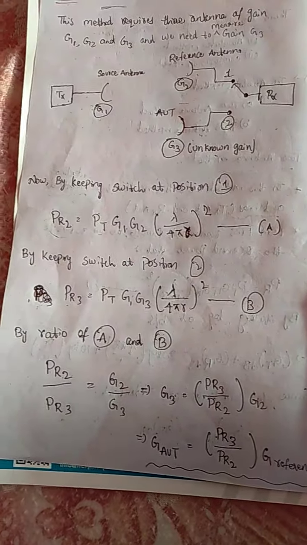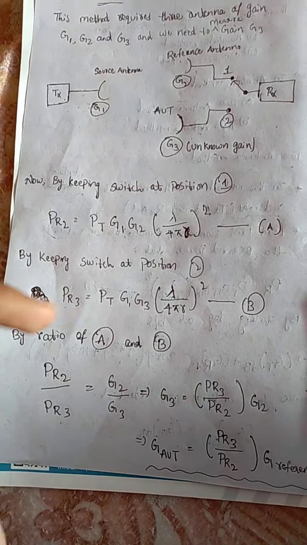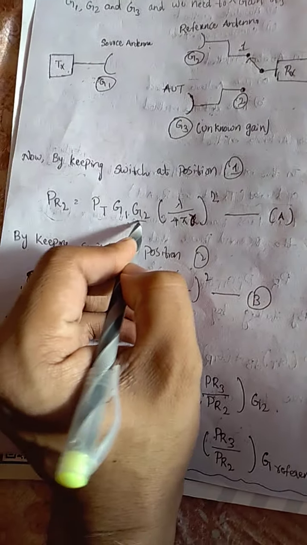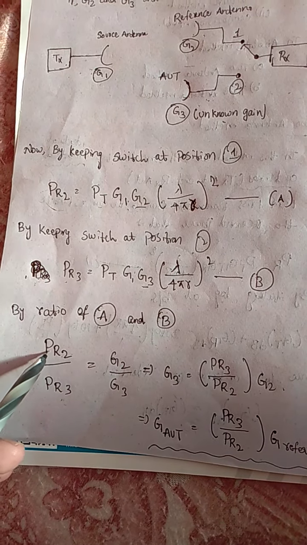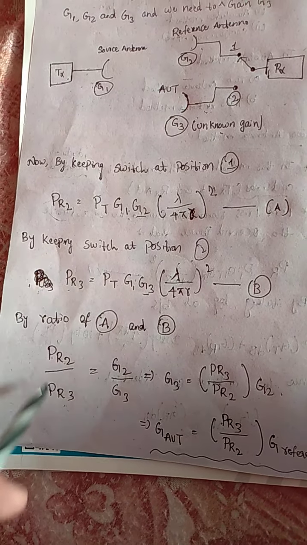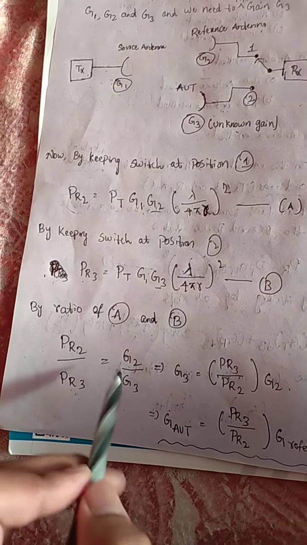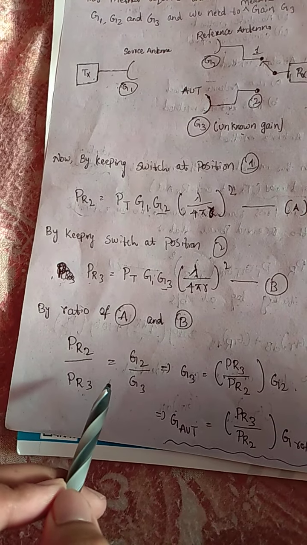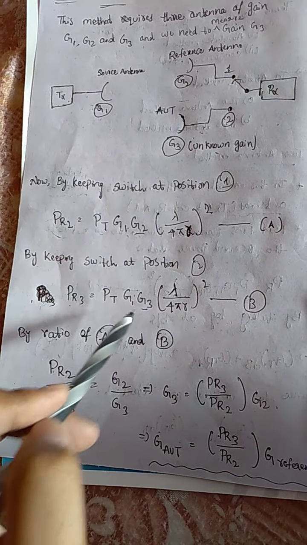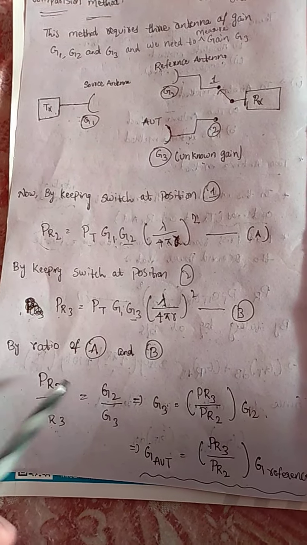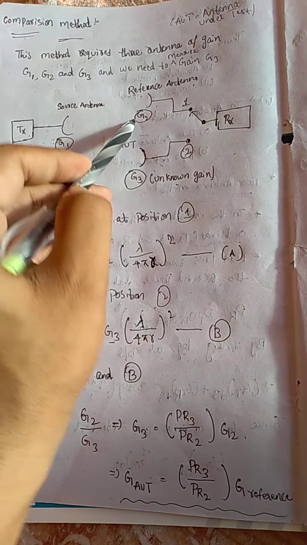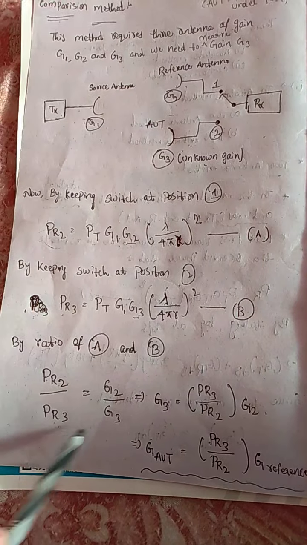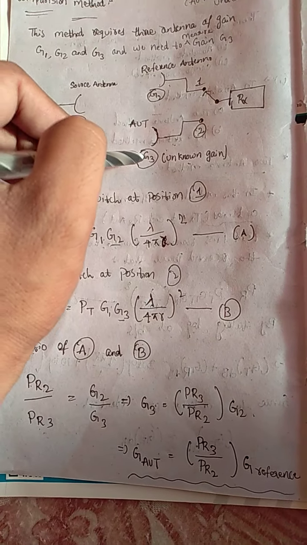After cancelling all of this, we have G2 and G3. That's what PR2 by PR3 is equal to G2 by G3.